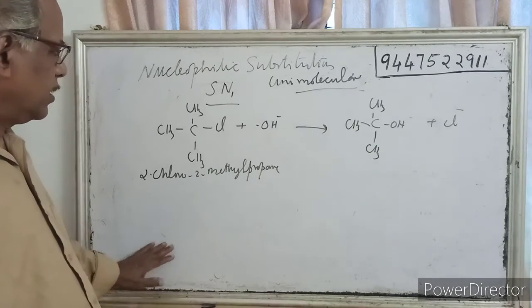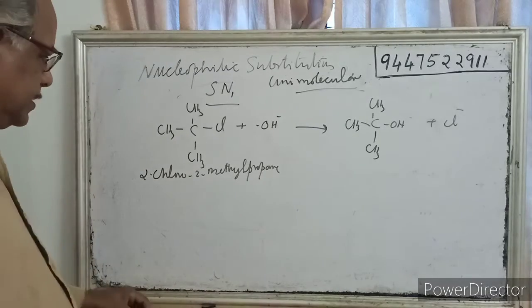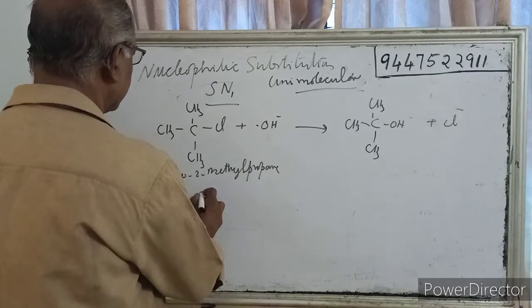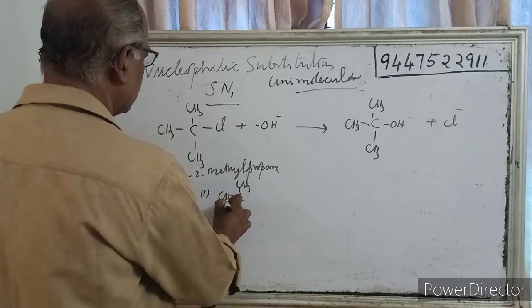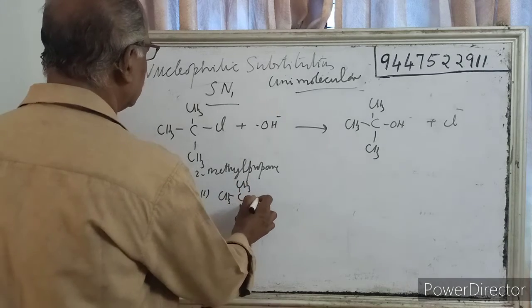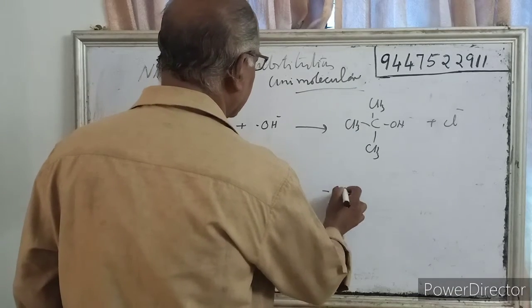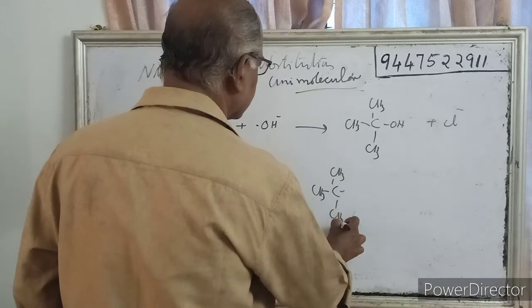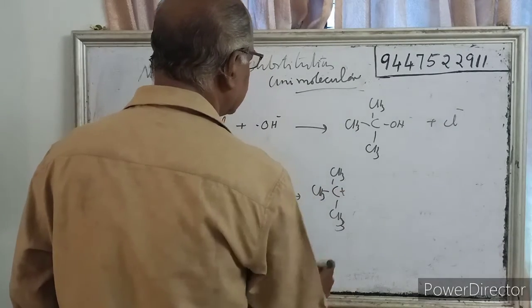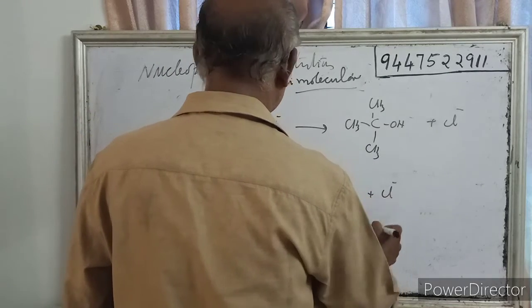Why is it unimolecular? Let us see. This reaction takes place in two steps. In the first step, the tertiary alkyl halide gives a tertiary carbocation and Cl minus.